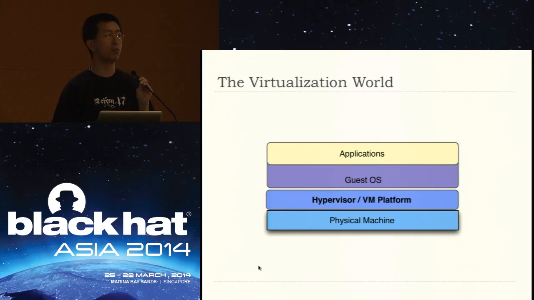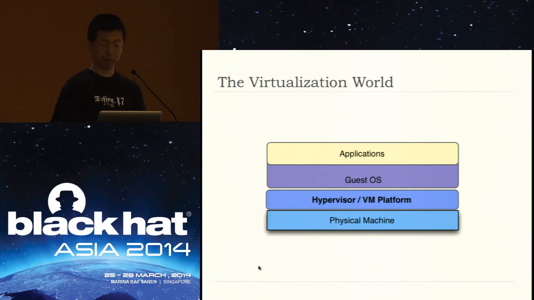So this is what we call a type 1 hypervisor. You can also have a regular operating system running there, then on top of it, you run a piece of software. I guess for most end users, for example, I run VMware Fusion on my MacBook. That's what we call the type 2 hypervisor.